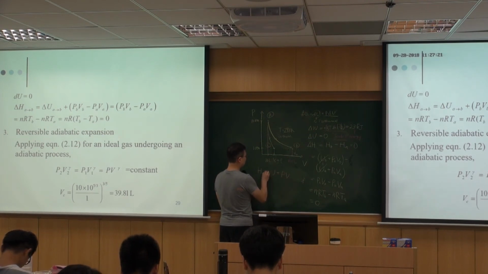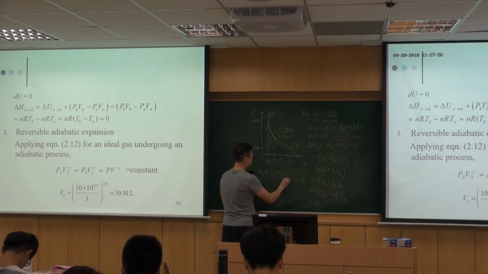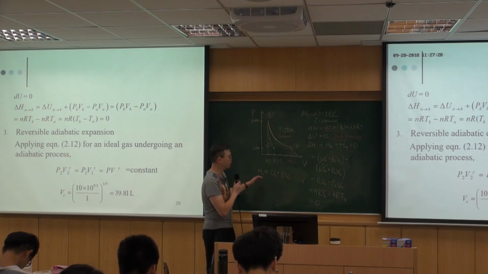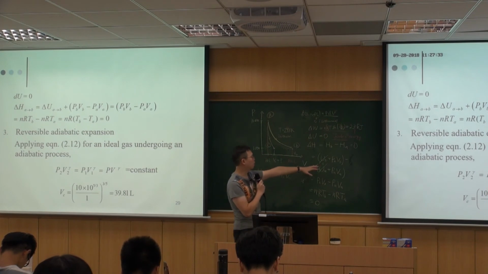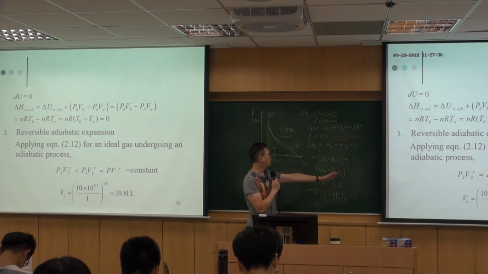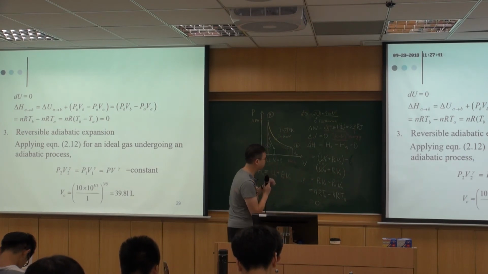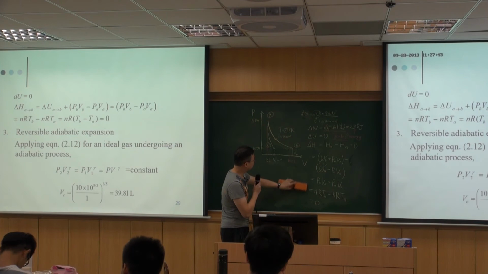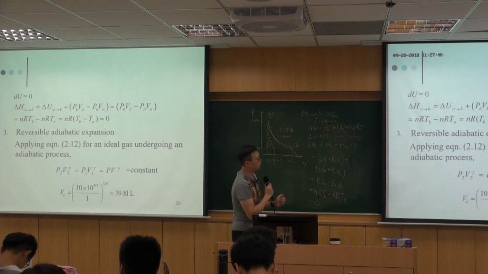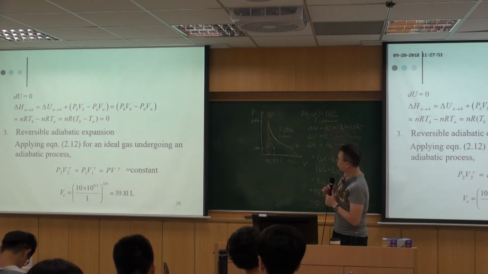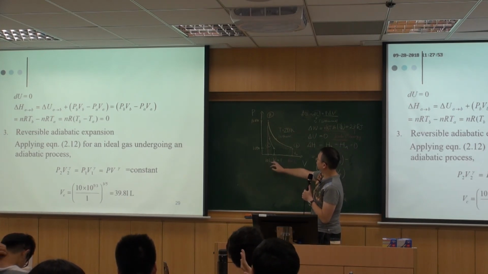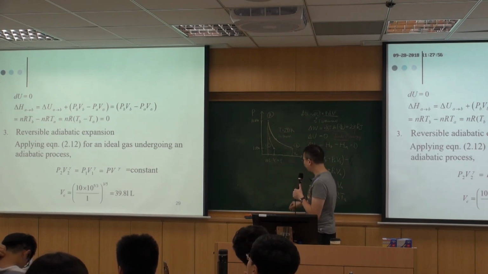So for any kind of state, you can write this down. And if you want to find the difference, please remember to do the calculation like this, instead of assuming the pressure is constant. That's not correct. Okay? So this is for the isothermal part. And for the adiabatic part, first of all, like I mentioned, we start from PV gamma as a constant.